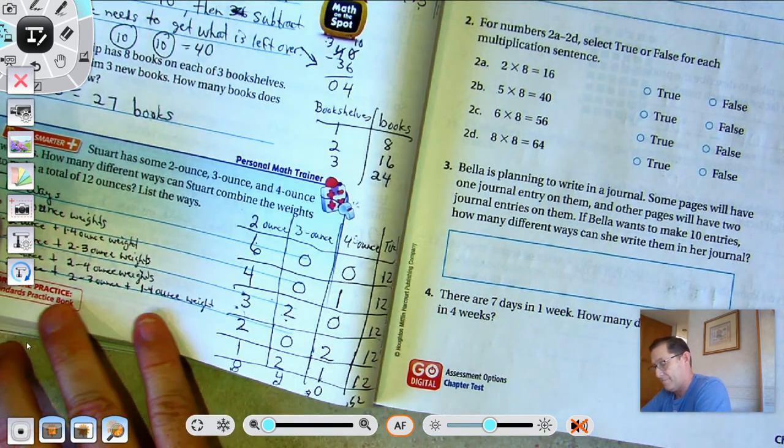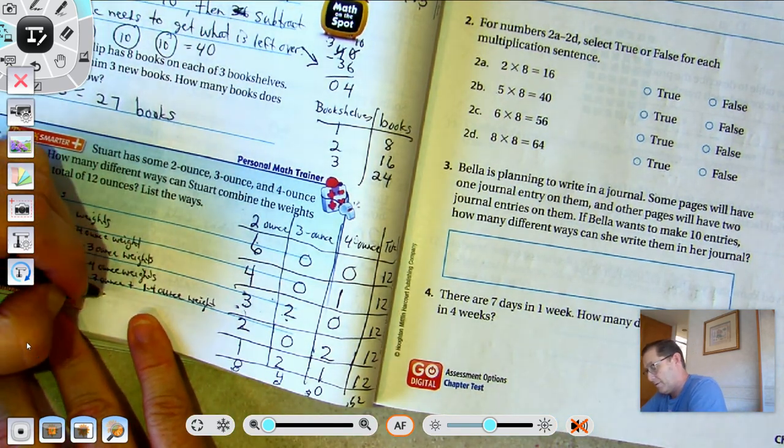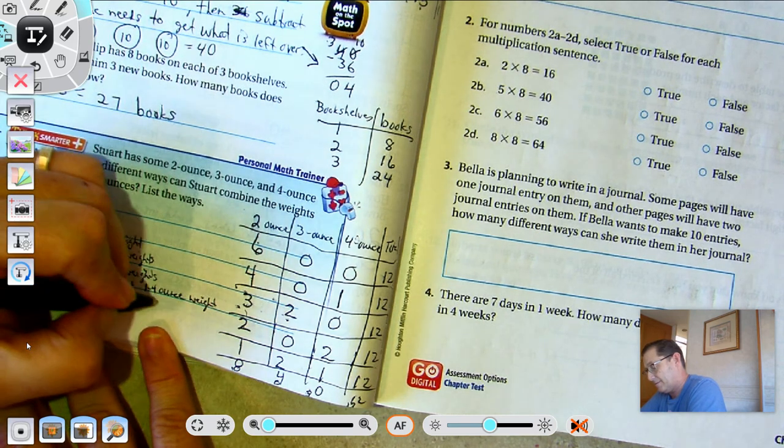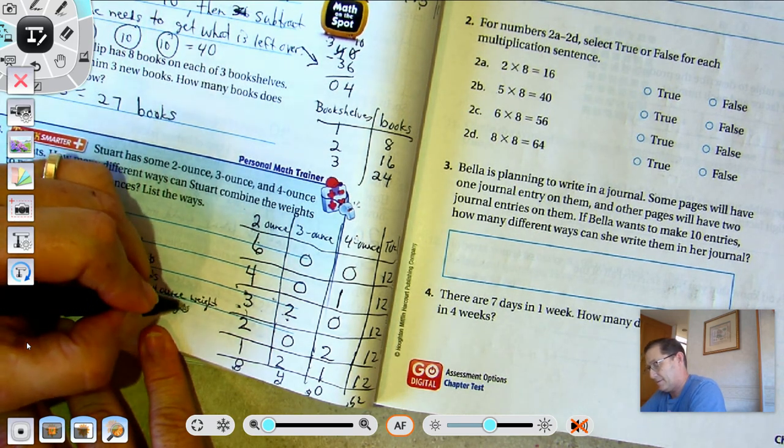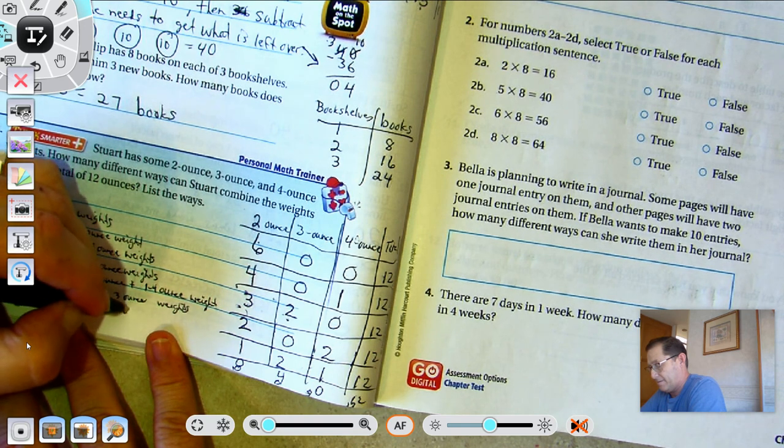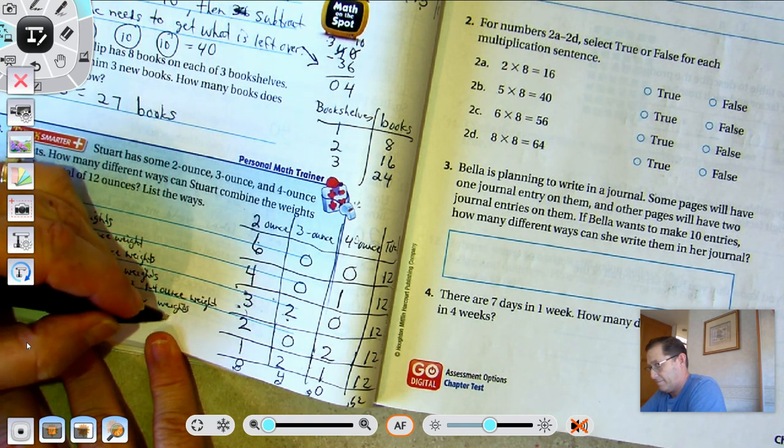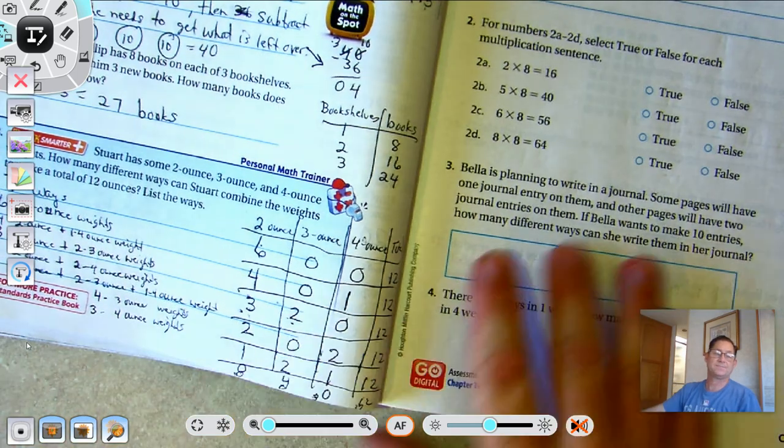And then we had 4 3-ounce weights, and we had 3 4-ounce weights.